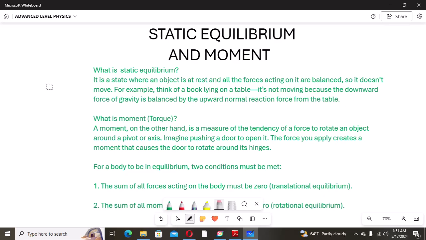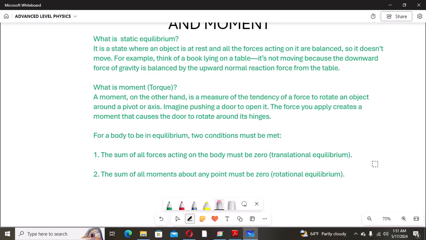So for a body now to be in static equilibrium, two conditions must be met. The first condition is that the sum of all forces acting on the body must be zero.